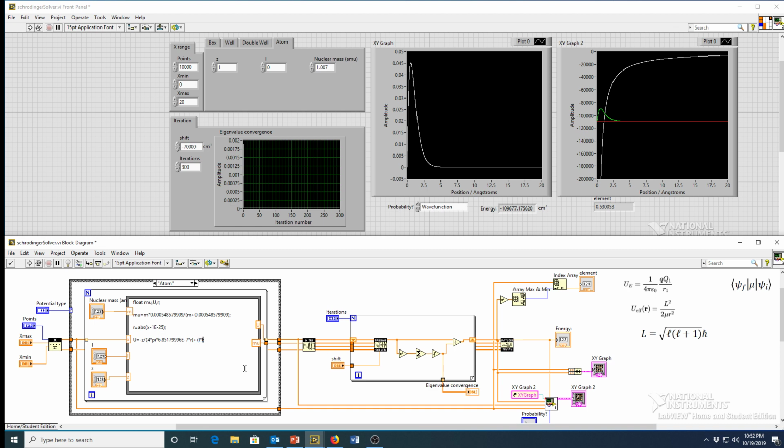L times L plus 1 times h bar squared, which we used previously in our kinetic energy operator, actually, and that was 33.71152583461.